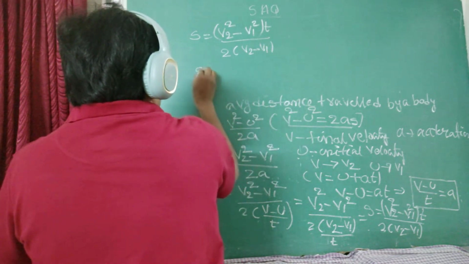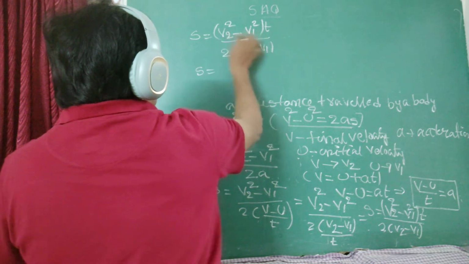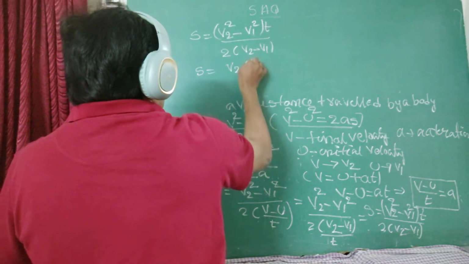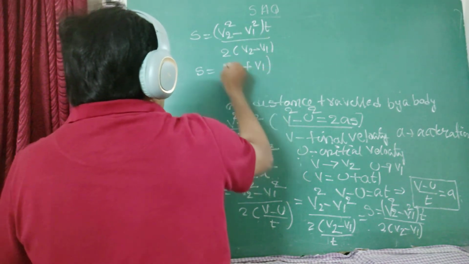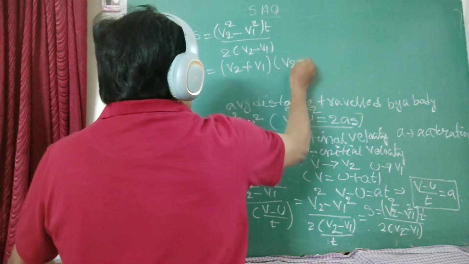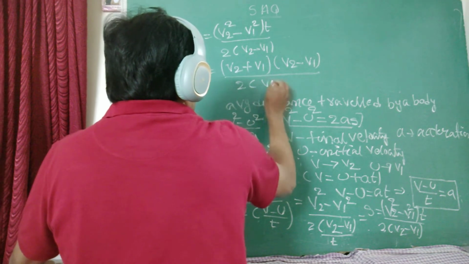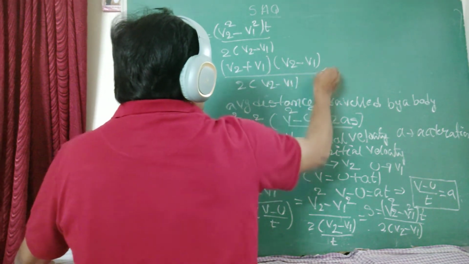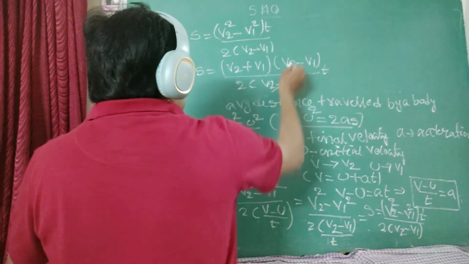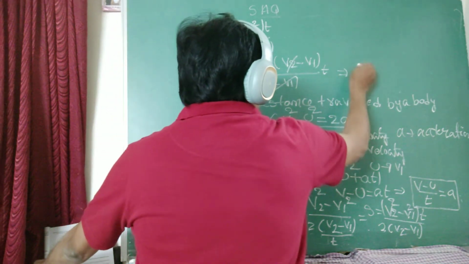It is in the form of a square minus b square. We simplify that in the form of a plus b into a minus b divided by 2 into v2 minus v1. Already t is multiplied. Cancel these two terms. Then go for the next step now.